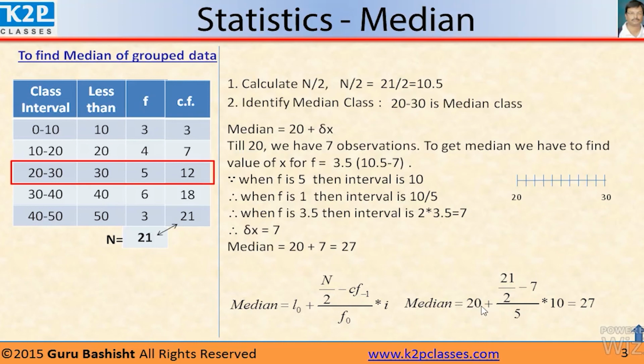Here: L0 is 20, plus 21 by 2 minus 7, that is 3.5, divided by 5. Why 5? 5 is the frequency of the median class, into 10, the class interval, that is 27. So the median is 27. This is the method to calculate the median mathematically, without a graph.